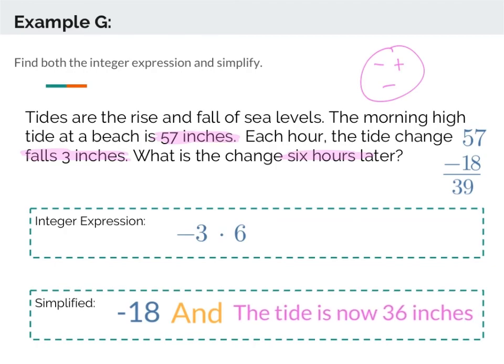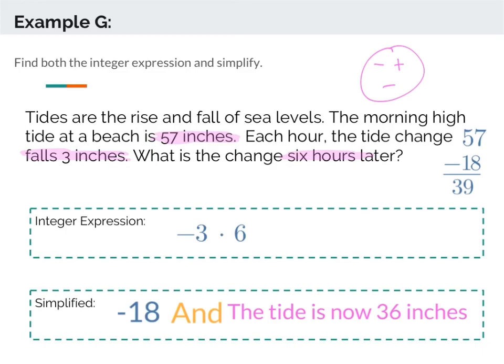The tide is now 39 inches. So although I had to use one set of numbers to figure out the integer expression, that was not my final answer. My final answer wanted to know what the tide was now, and the tide is now 39 inches after it changed negative 18.